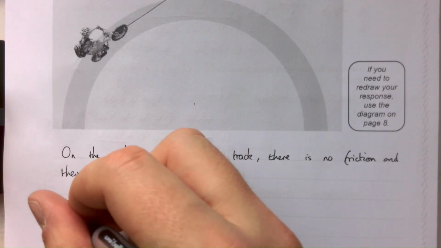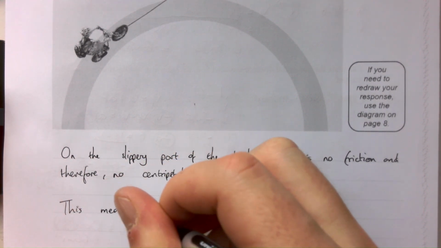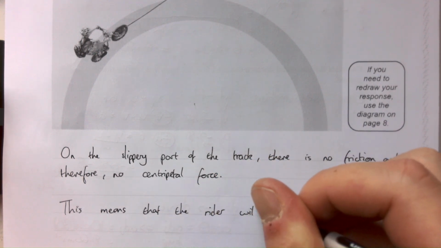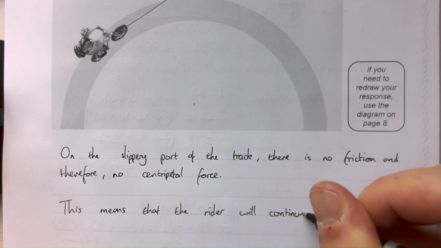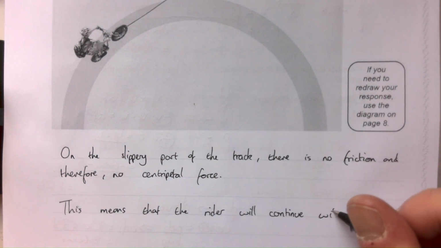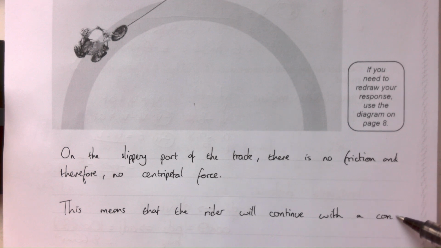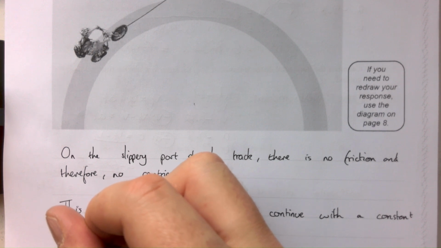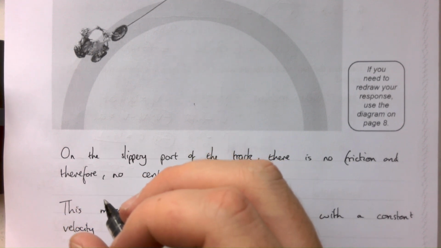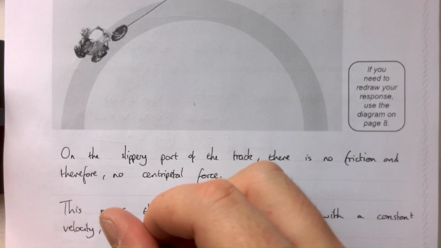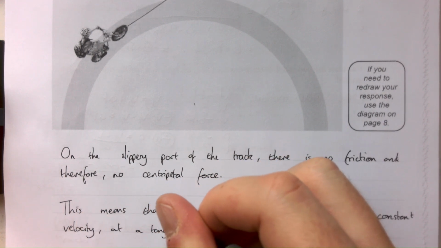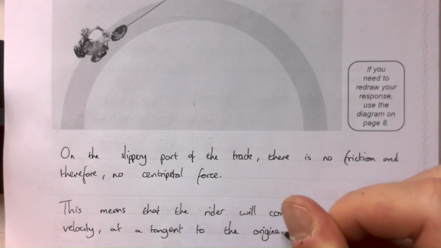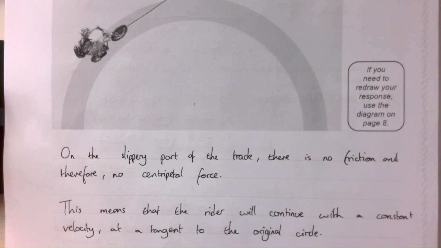This means that the rider will continue with a constant velocity. Now he's stopped accelerating towards the centre. A constant velocity at a tangent to the original circle. Okay.